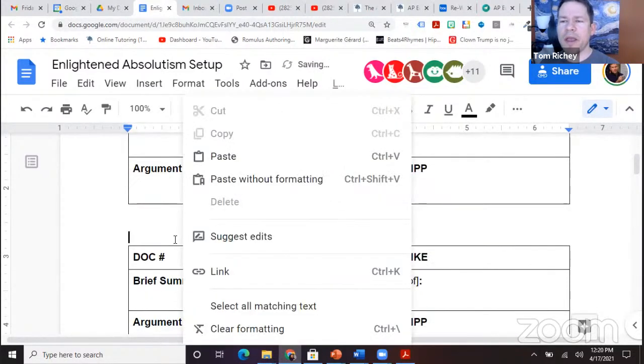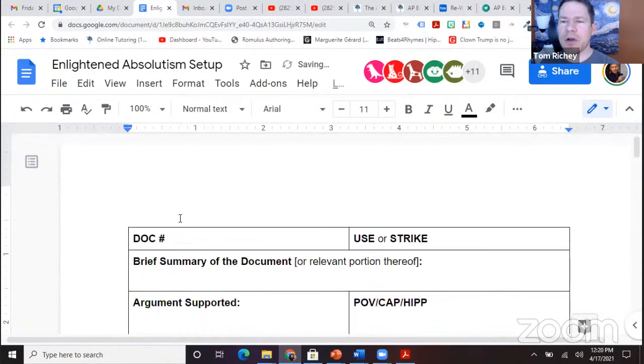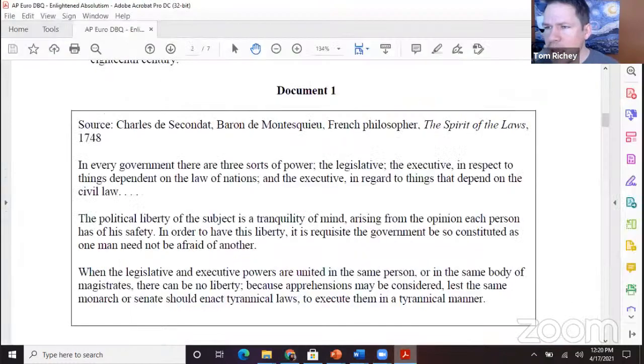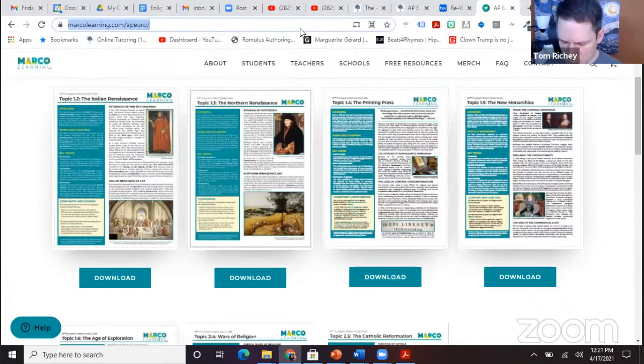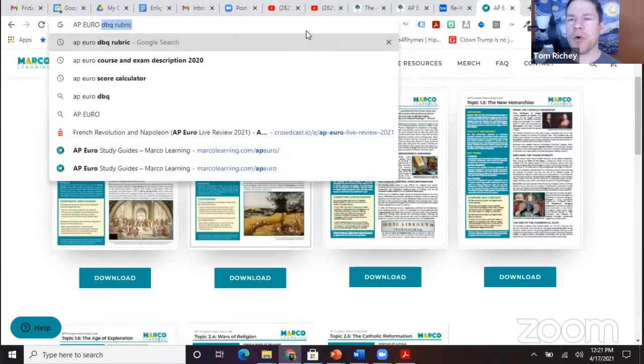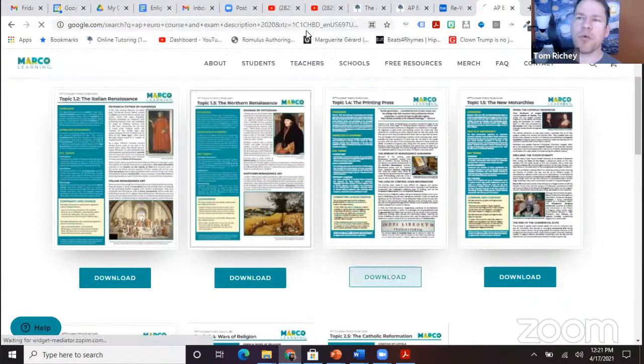Okay, so going from there, let's go ahead and take a look at document 1. So we see here that it's Charles II, Baron de Montesquieu. Now, this is a great example of why you should use the AP Euro course and exam description 2020.